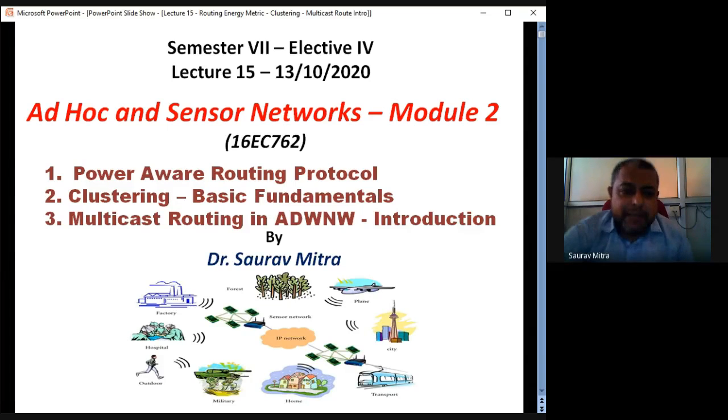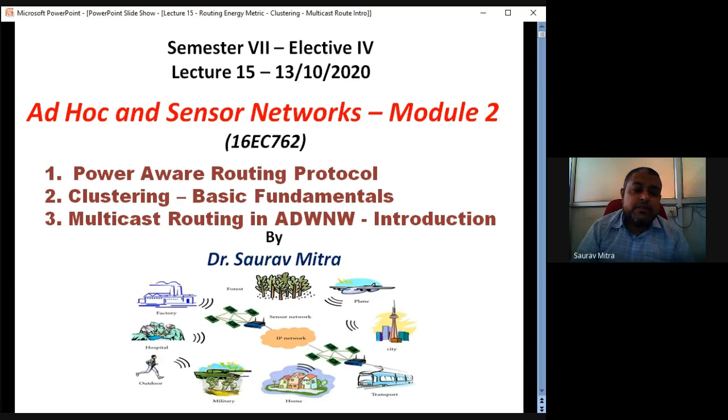That battery has to give power for sensing, for the microcontroller application, for the transmitter, receiver, and if there is any movement of the node, that power also will come from the battery. So the energy source in every node is very minimal, but the node has to do a lot of work. That's why at every node there will be a scarcity or shortage of power, and whatever power or energy you have at every node, you should be able to use it very properly in a very planned manner.